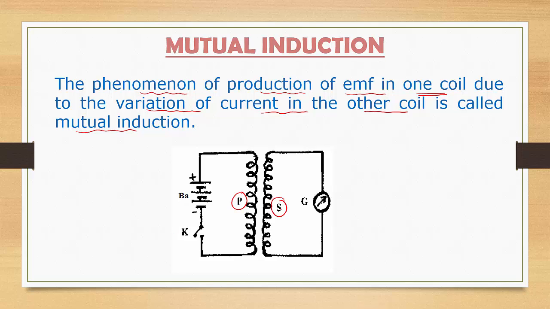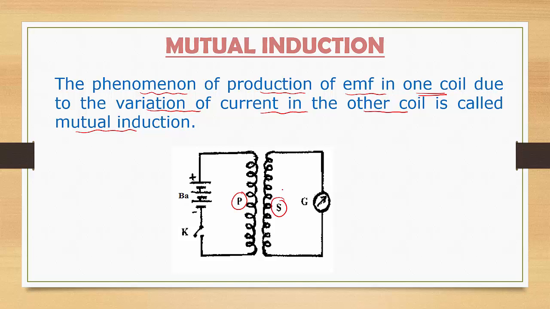Then the secondary coil is connected to a galvanometer. These two coils are placed side by side, very close to each other parallelly, but they are not touching each other. Is it clear?